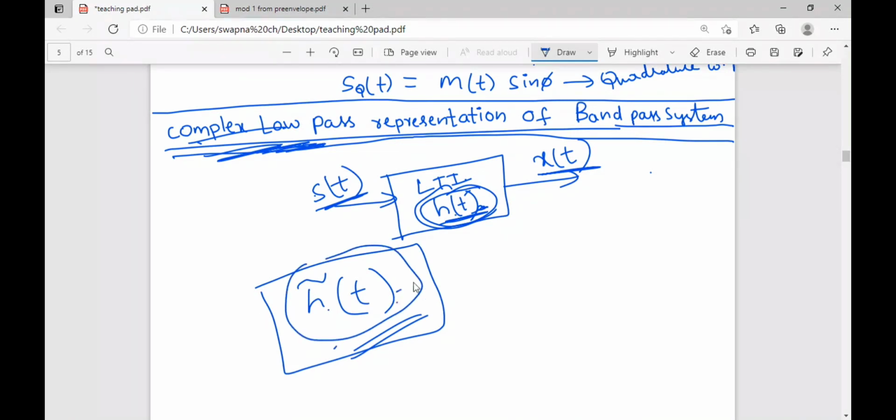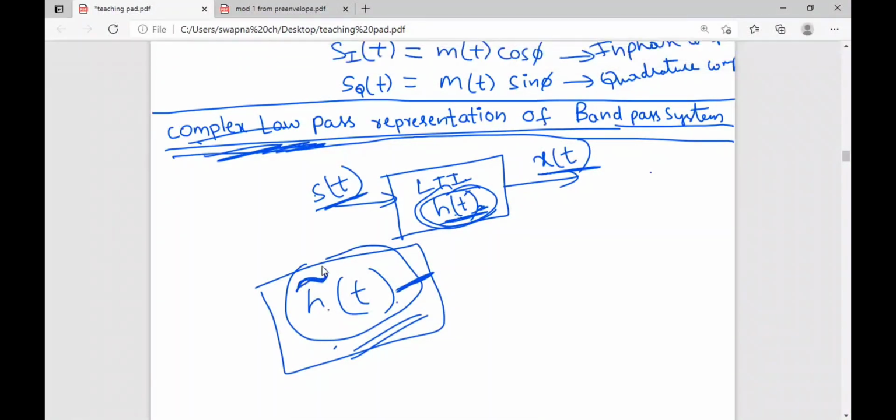How we are going to get this h tilde of t, we'll see in the next class, because it's already 10:47, so we'll do it tomorrow. Otherwise, the system's complex low pass representation we need to find here.